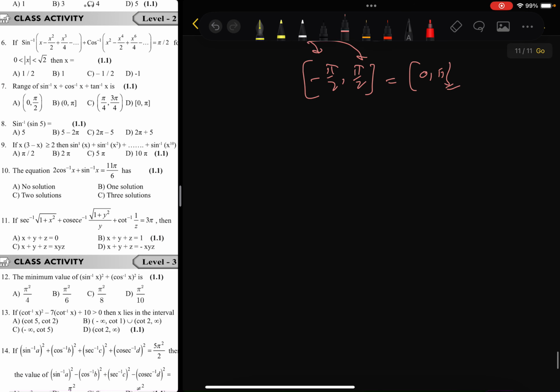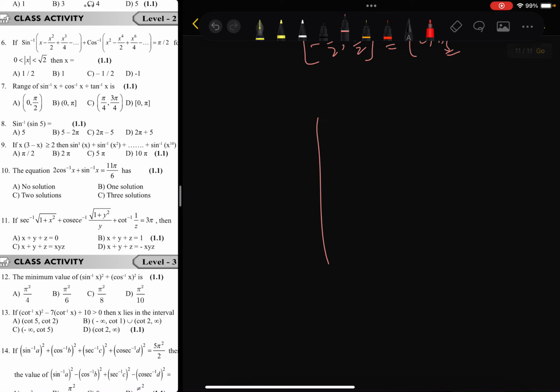Question number 5 we have also discussed in the class, right? So see, sine inverse sine 5, that means this x should belong to minus pi by 2 to pi by 2, and here 5 is not lying in this interval.